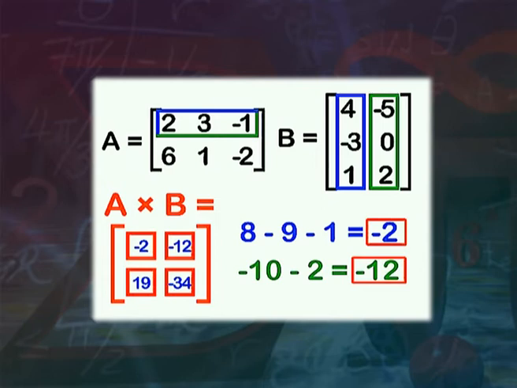That is, C equals AB equals [cij], where cij is the sum of a_il b_lj, l from 1 to k. A special case can be visualized as follows.